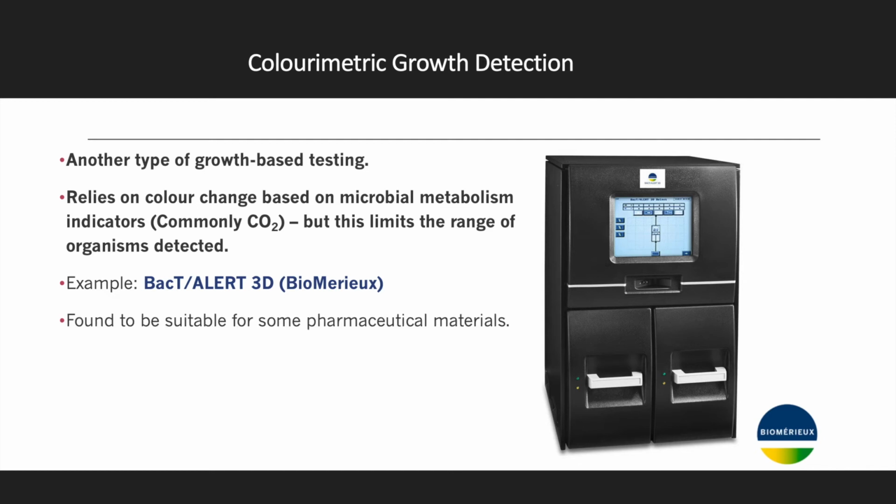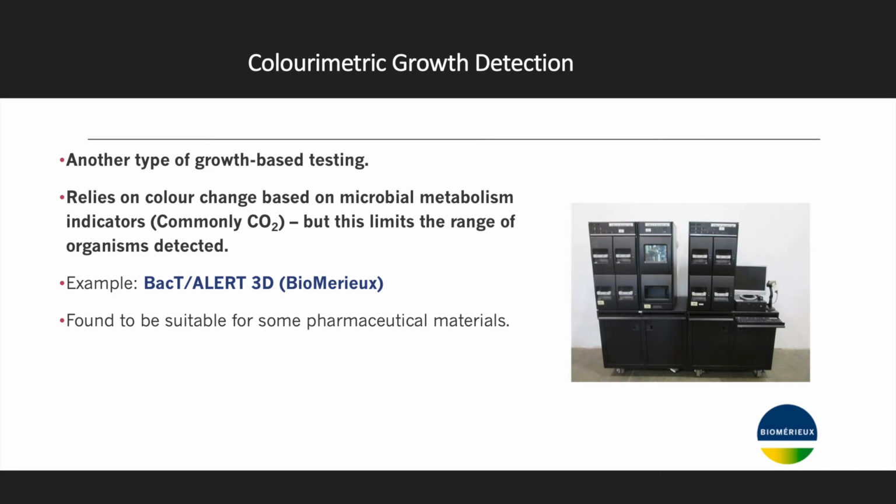The benefit of this is it monitors all your samples and all sensors every 10 minutes. And the great thing about this one is you can very easily scale it up because these are designed as individual units. And of course, again, with the growth phase detection, these are non-destructive methods. So it allows for out-of-spec investigations, subsequent identification of any bacterial contamination.